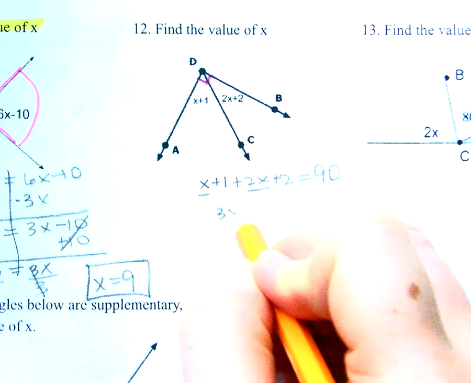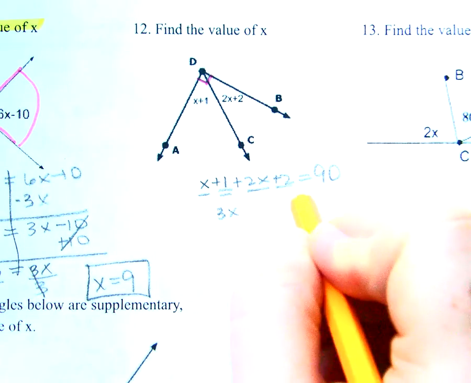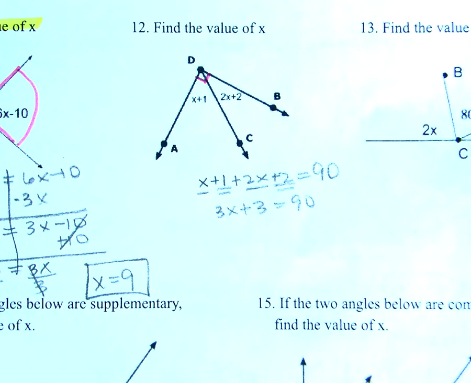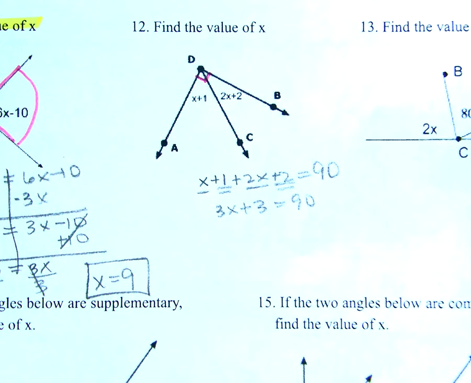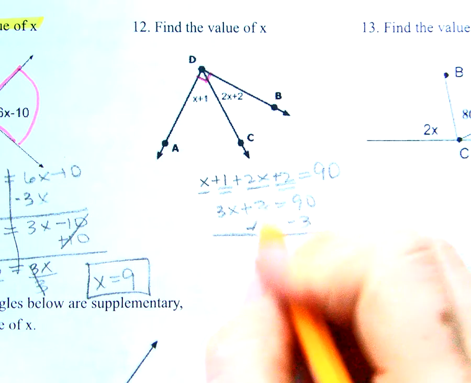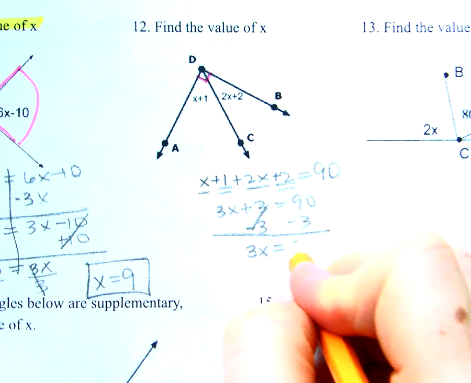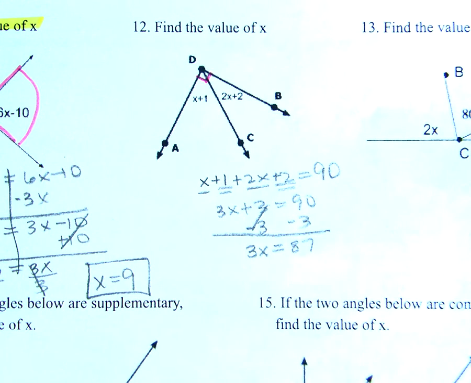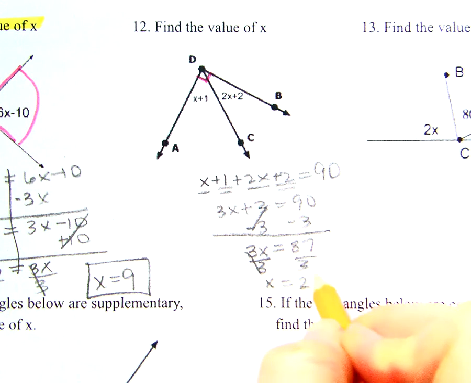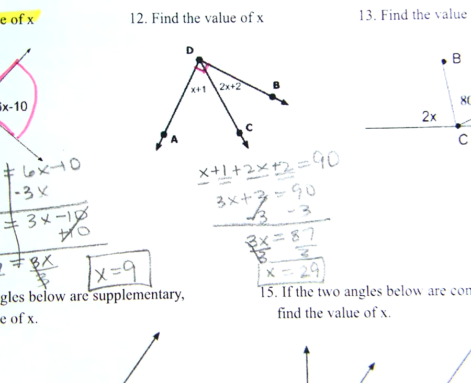So x and 2x come together to make 3x. 1 and 2 come together to make 3. And then I can subtract 3 from each side, and 3x is equal to 87. And 87, when I divide both sides by 3, becomes 29.